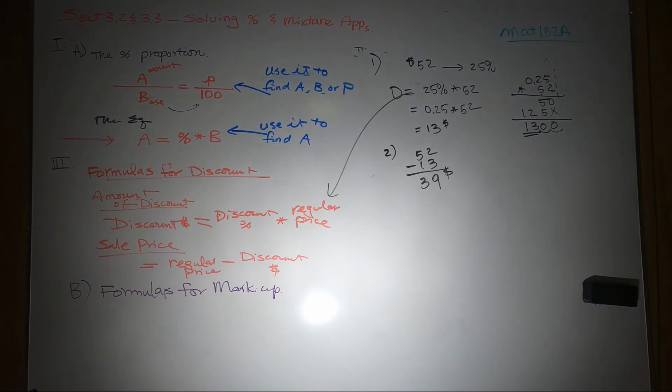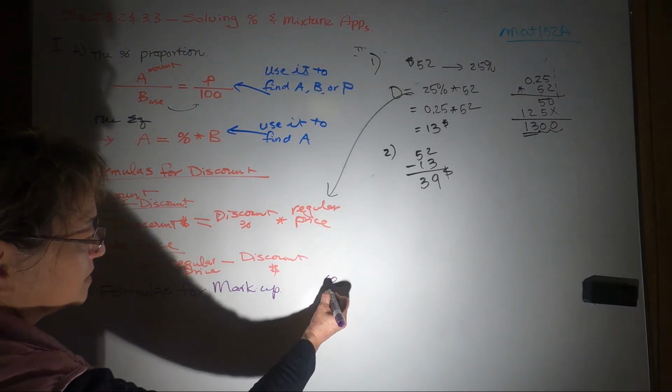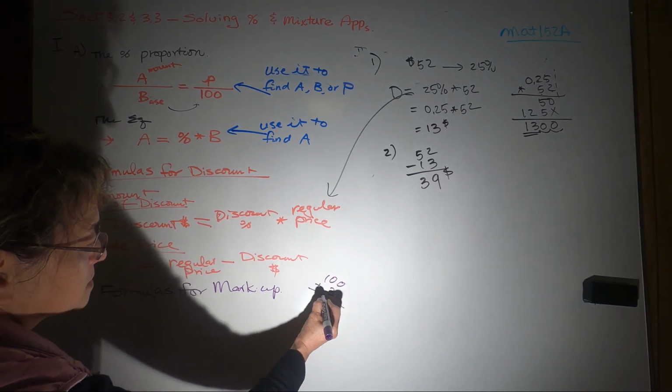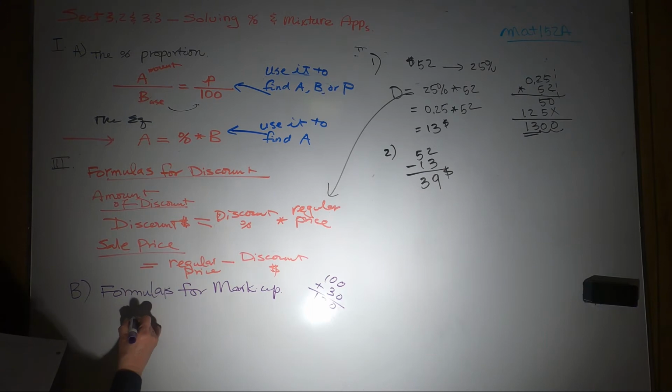You say, for a bookstore, I want to mark up 30%. That means on $100, you mark up 30%, which is $30. So you will put the sale price at $130. That's how we do the amount of markup.